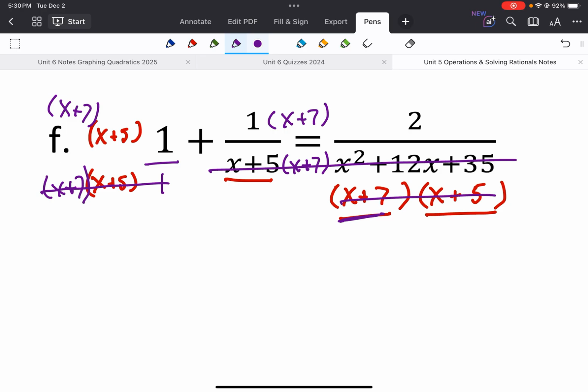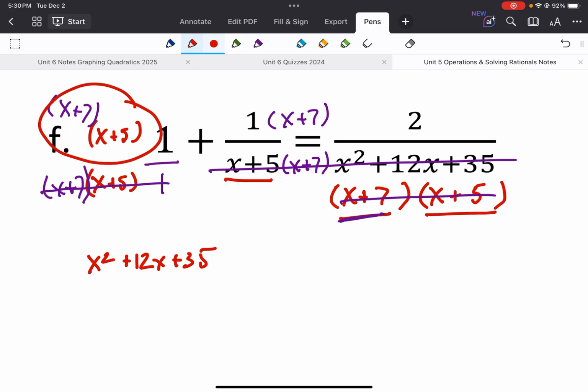And then what we've done in the past is we always distribute what's on top. We already know what that is when you distribute, because we just factored it out. So this is just x squared plus 12x plus 35, right? That's coming from distributing that, which is what we had over here. If you want to use a box and go back to this, that would give you the same answer.